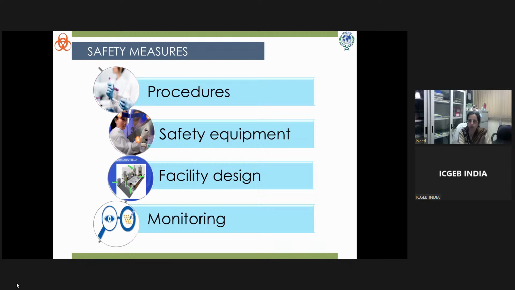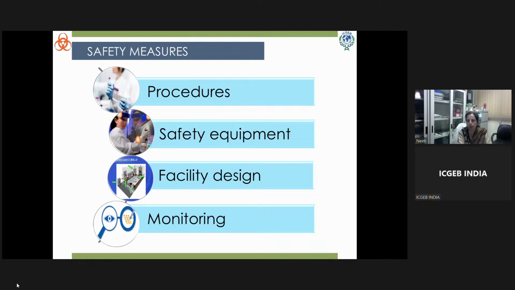It's a very broad term, and this would include all kinds of procedures, that is the handling as well as the biological procedures, the use of safety equipment and use of protective clothing, wherever required.